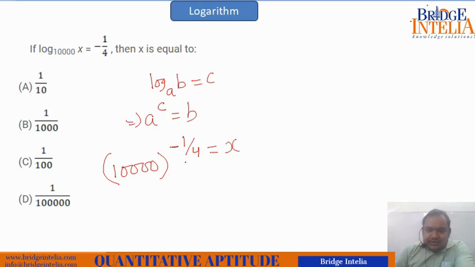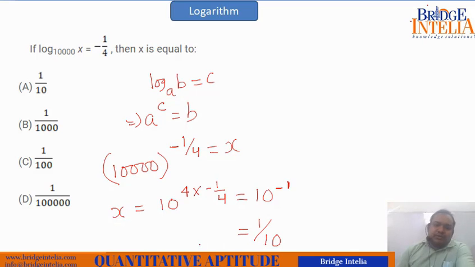We are supposed to calculate the value of x. So x is equal to, now what is 10,000? It is 10 to the power 4. So 10 to the power 4 into minus 1 by 4 is actually equal to 10 to the power minus 1, which is in fact equal to 1 upon 10.